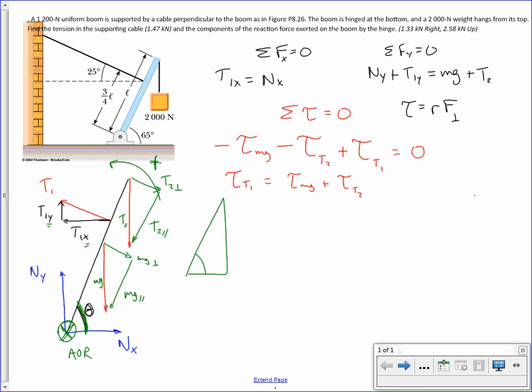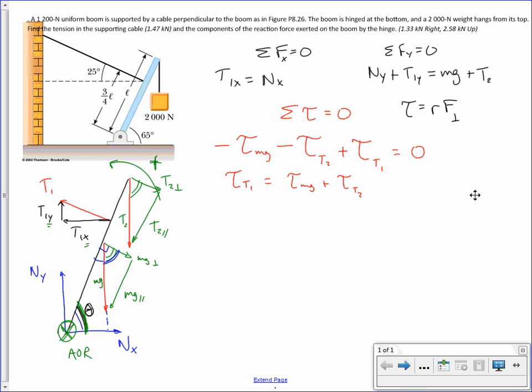Where's the fat angle in the triangle? It's here, and it's here. The other way to do it is, here's our right triangle. If here's theta, then this is 90 minus theta, and here's another right triangle, so here's theta again here.